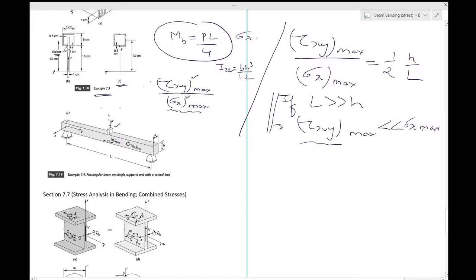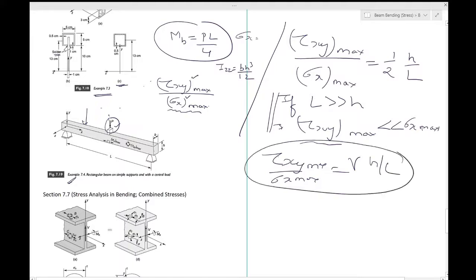If a different loading is put on the beam in figure 7.19, the ratio of the maximum stresses will again be found to depend on the ratio of the depth to the length of the beam. If P was not acting over here but perhaps at some other place, you would still have tau xy max by sigma x max as some ratio of h by L, not half.